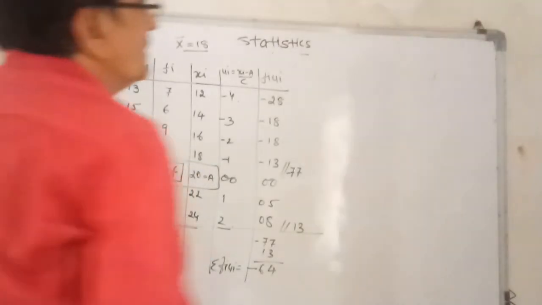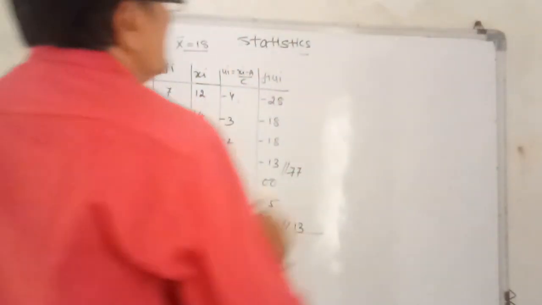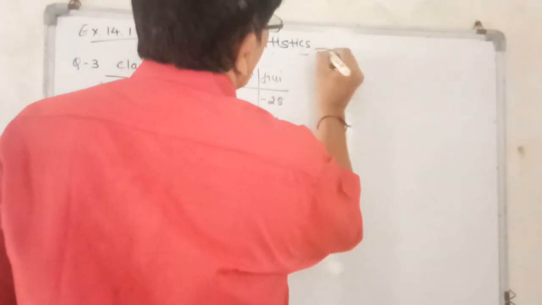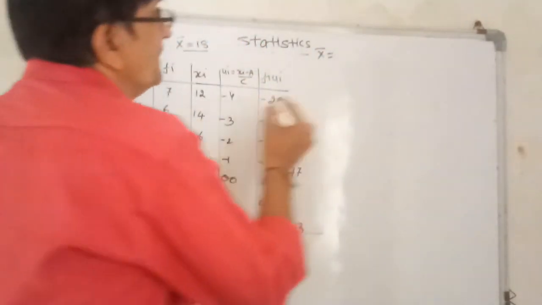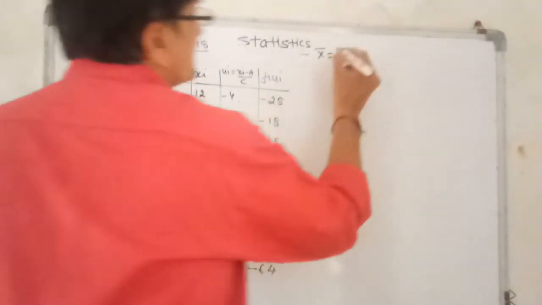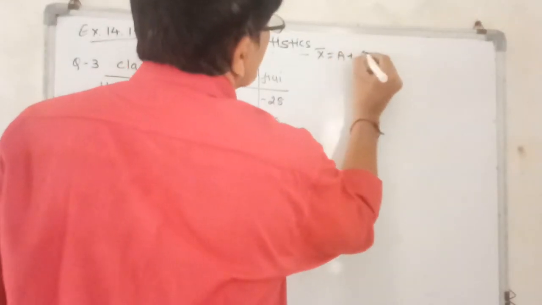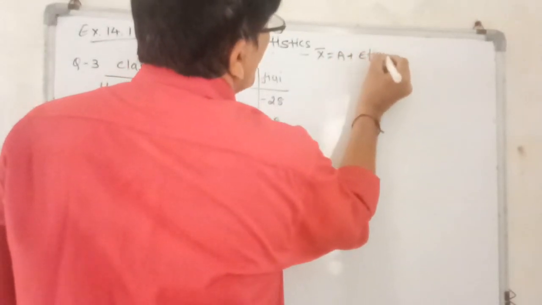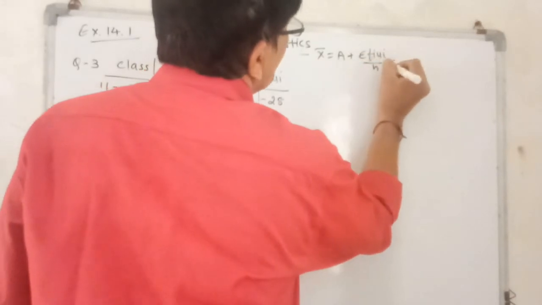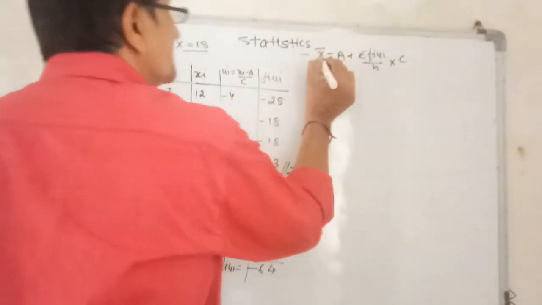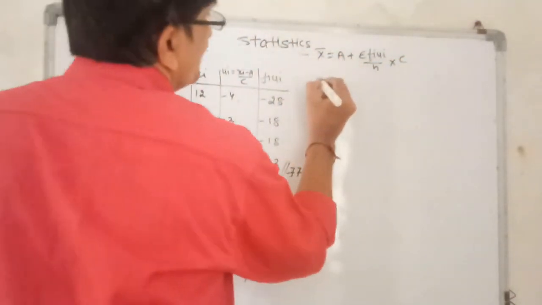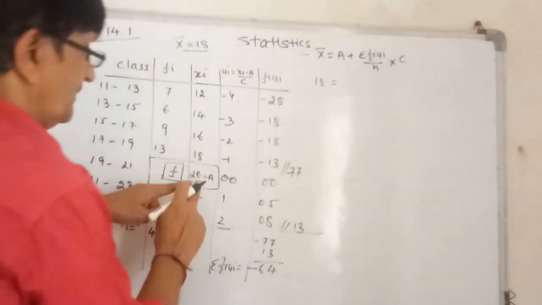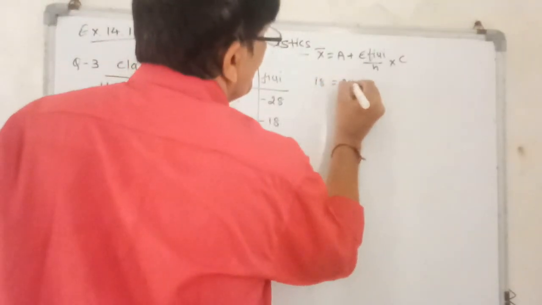Now your formula for the step deviation method is x bar equals A plus sigma fiui upon N into C. Remember that x bar is given, so it is 18. A we have assumed, it is 20.